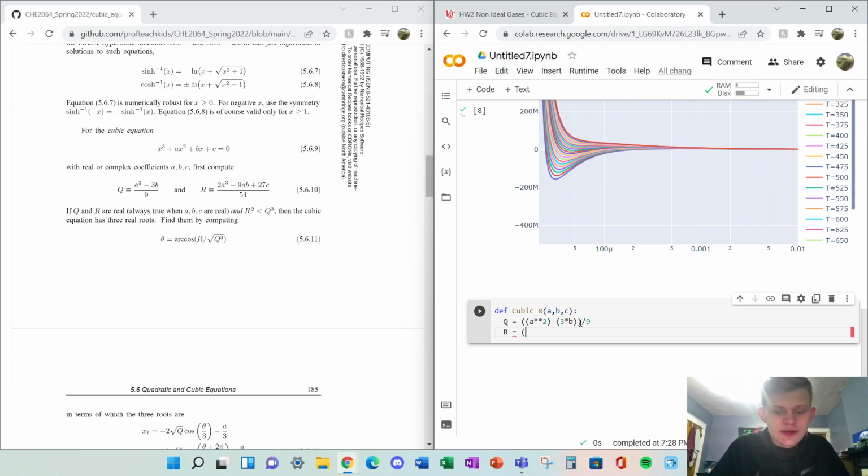Next thing we want to do is make an R value function. So here, we're going to separate this off and have our 54 being divided by our top values. So our first term here is going to be our A value. So it's going to be A times 2.